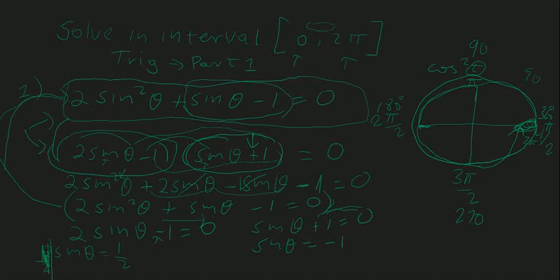So I have one angle where sine is half, the other where sine is negative 1.